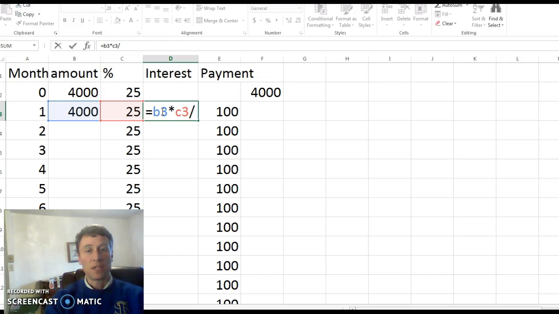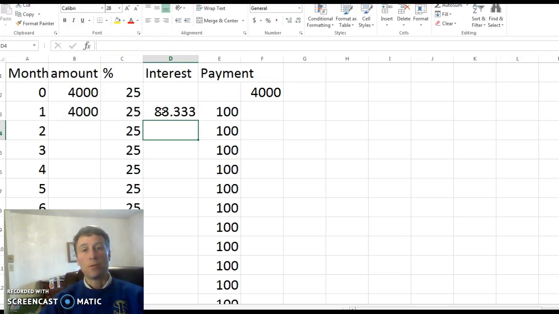Instead of 25%, it needs to be 0.25, so I'll divide by 100. But also I don't want to do the whole year's worth, I just want to do 1 month's worth, so I divide that by 12. We'll find out what the interest is for 1 month, and that would be $83.33.